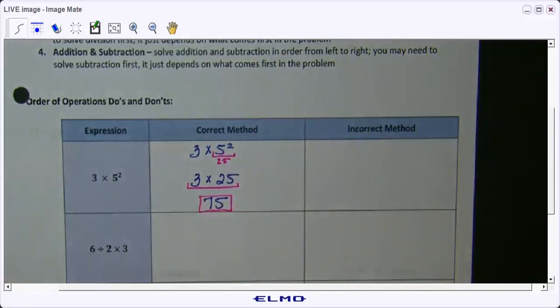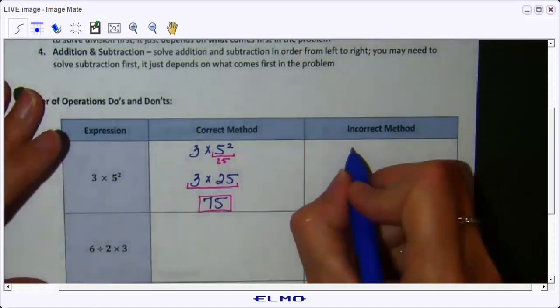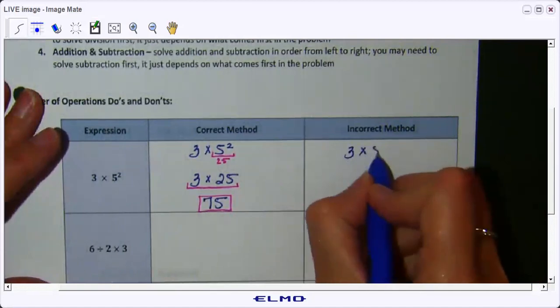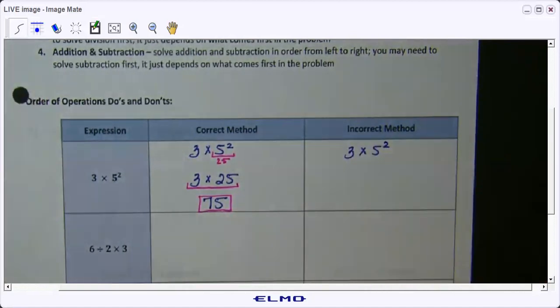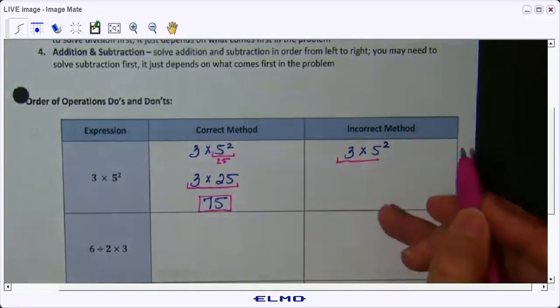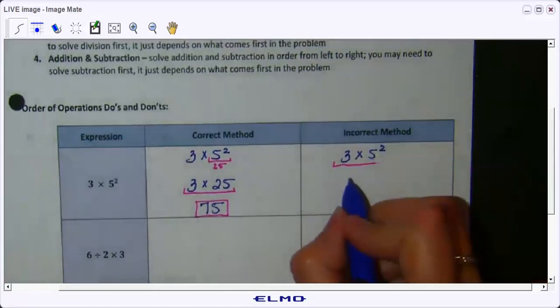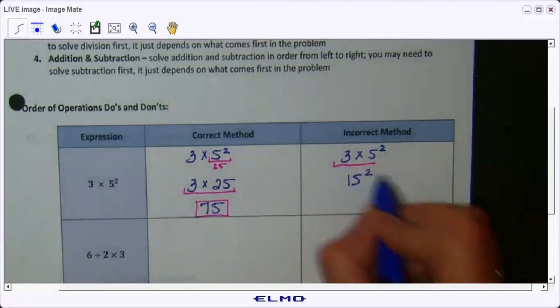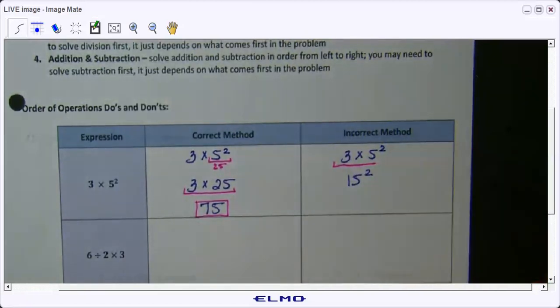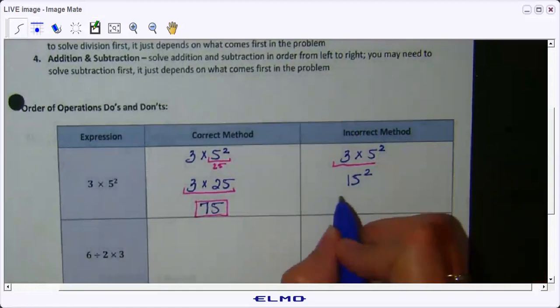Now let's look at the don't of this problem. We did the correct way. Now we're going to do the incorrect method. So 3 times 5 squared. Some people may do 3 times 5 first and get 15 squared. And then they'll do 15 squared and they get 225.